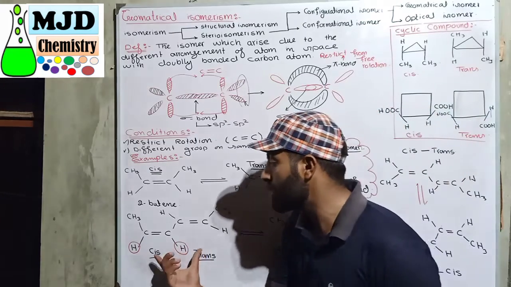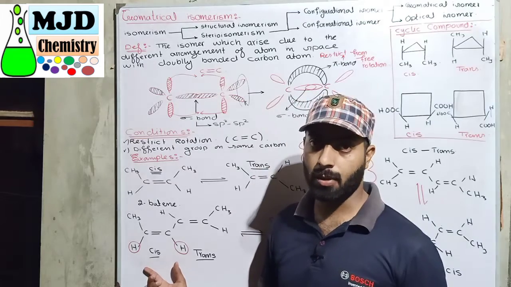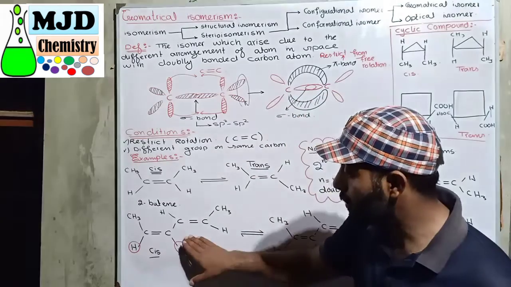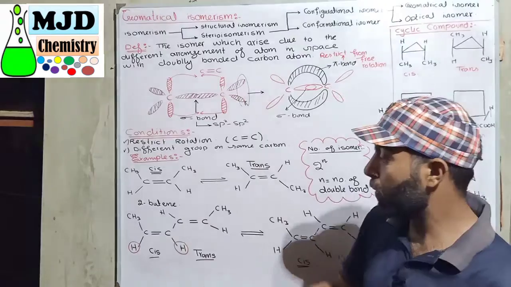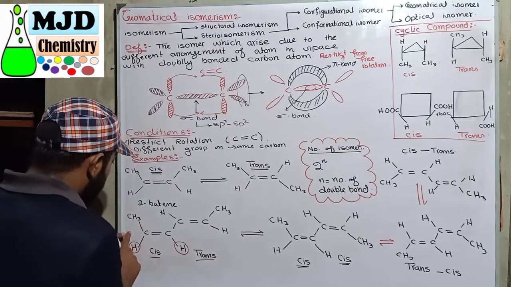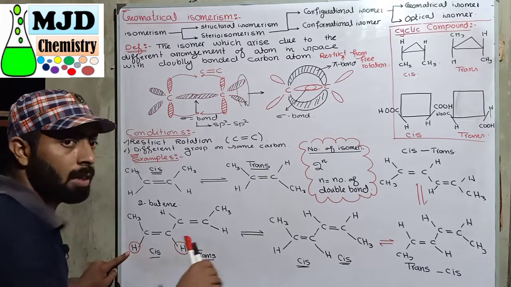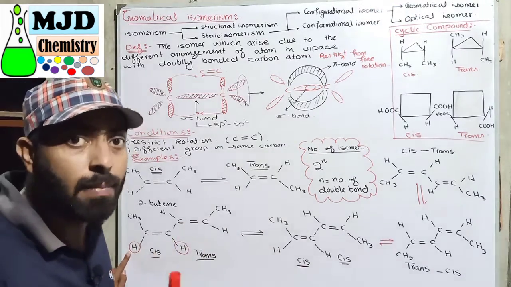It means this molecule can show cis-trans isomerism or geometrical isomerism. Two isomers are formed within the same molecule. When we look at the first double bond, the same functional group, hydrogen, is present below, on the same side.